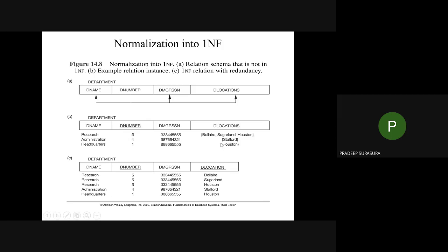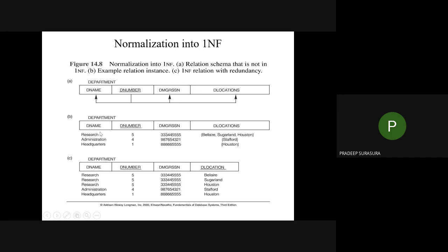Here you will observe that the functional dependency is: department number determines department name, manager, as well as locations. So the values are like this. For the research department, we have 3 different locations, and for admin headquarters, we have just a single value.